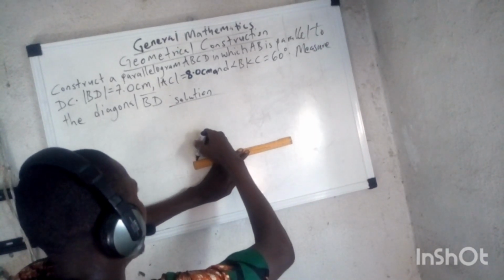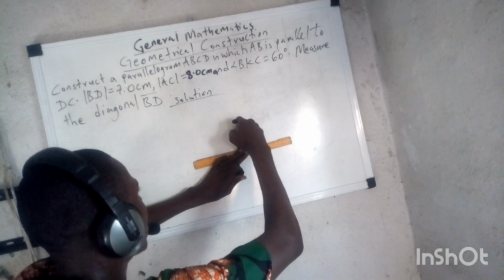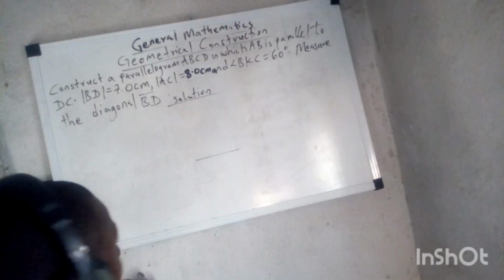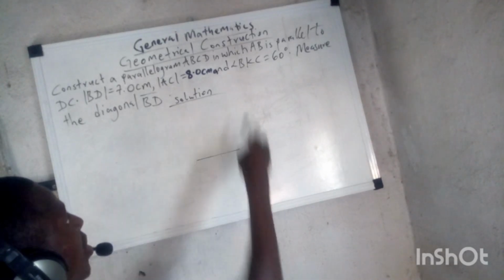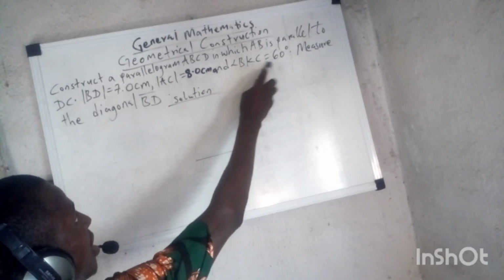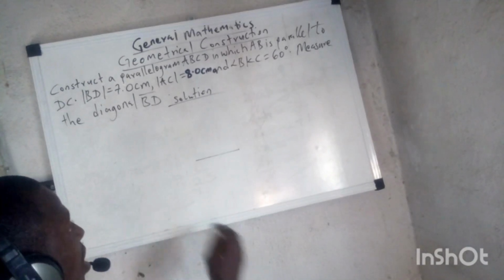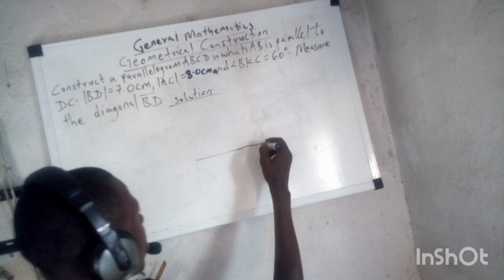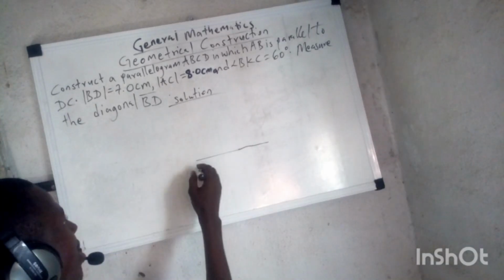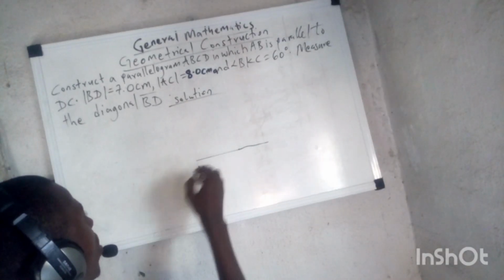So having done that, we are asked to get out angle BKC, which is equal to 60 degrees. You rule out a straight line like I've just done. Then you name it K.